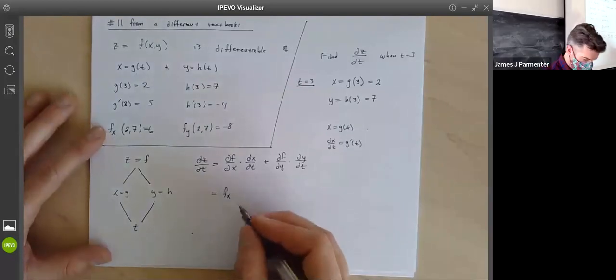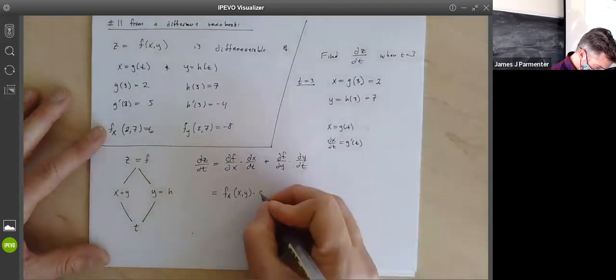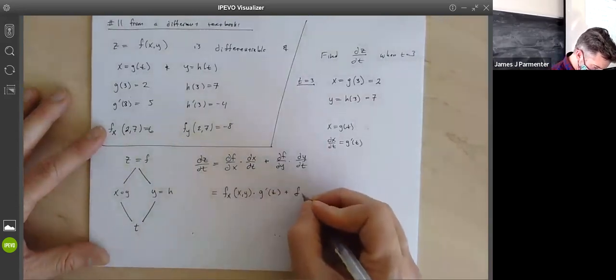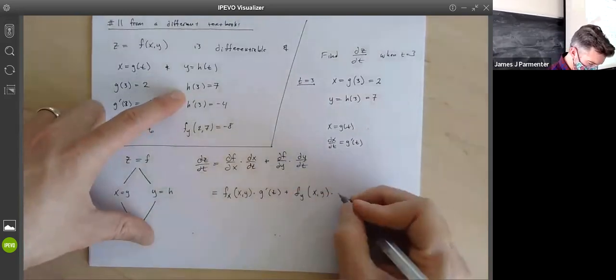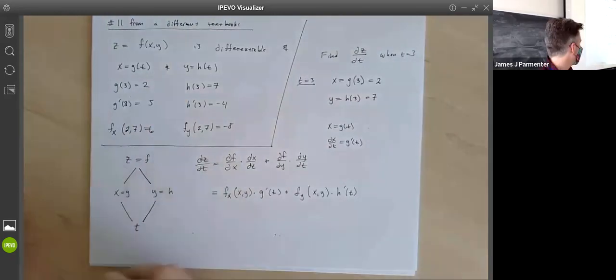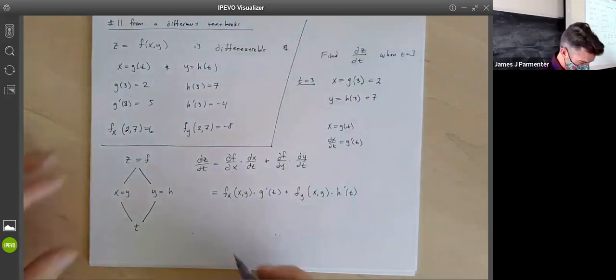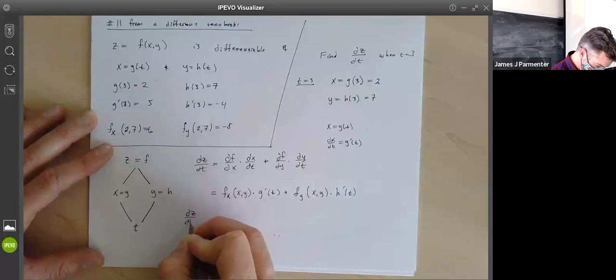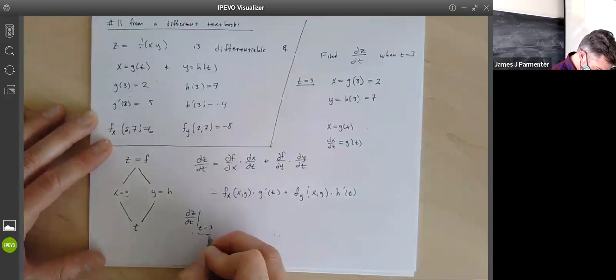So here's what we've got: fx evaluated at x comma y times g prime of t, plus del f del y, which is fy at x comma y, times dy dt, which is h prime of t. Seems kind of funky, but now we have all the information we need. If I want to find dz dt when t equals 3, that means x equals 2 and y equals 7.